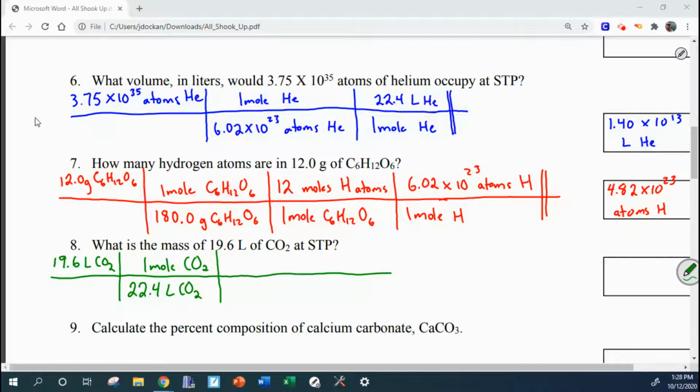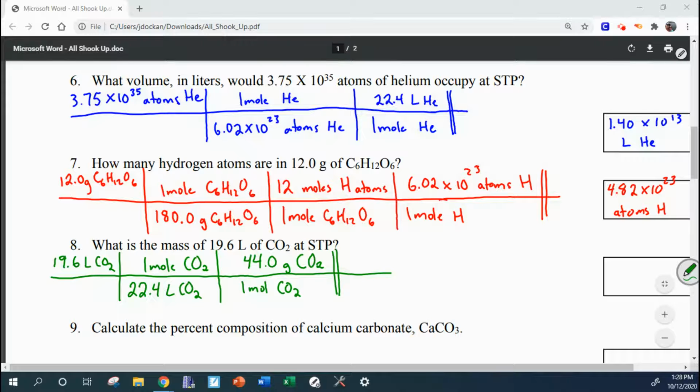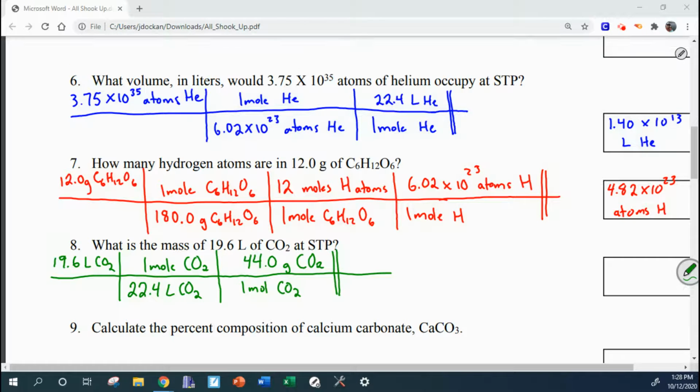Now I'm going to convert moles into grams using the molar mass of CO2. For every 1 mole of CO2, the molar mass, I'm going to give it to you, is 44.0 grams of CO2. When I calculate, final answer is going to be 38.5 grams of CO2.